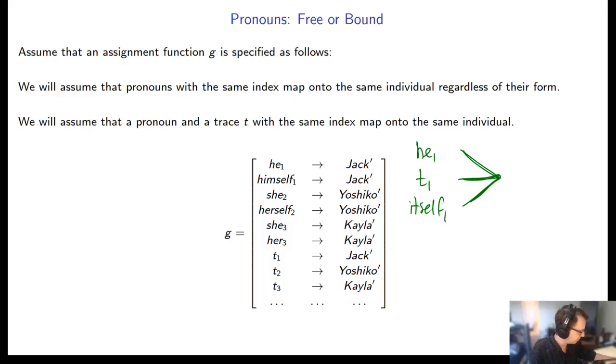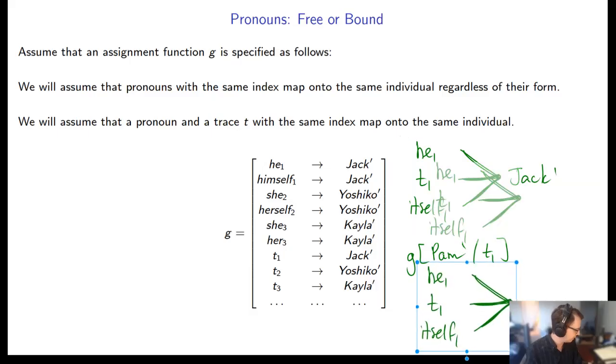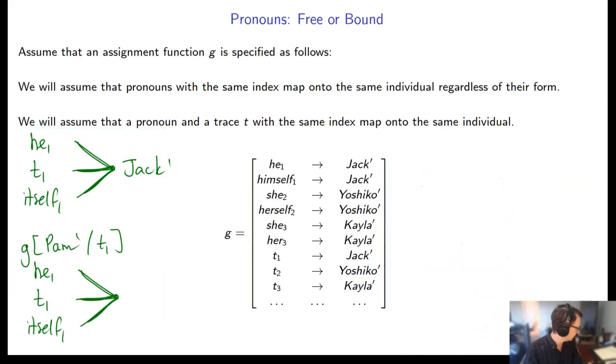So if he1, T1, itself1 is Jack, and you do something like g, let's do Pam prime on T1, then what's actually happened is all of those get changed to Pam.